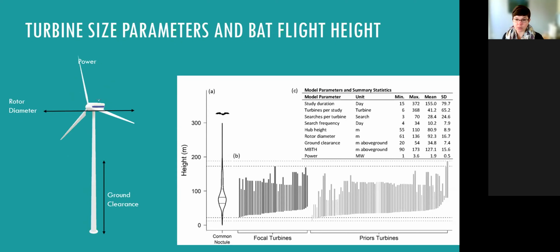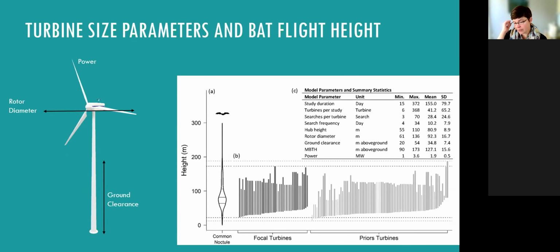Although power was somewhat correlated with rotor diameter, which is just part of turbine design, since rotor diameter influences the power, we included power because of the social importance. We're constantly looking at how we can generate the energy to meet our needs with the least impacts possible, and that was of particular interest to the industry, so we wanted to include that parameter.